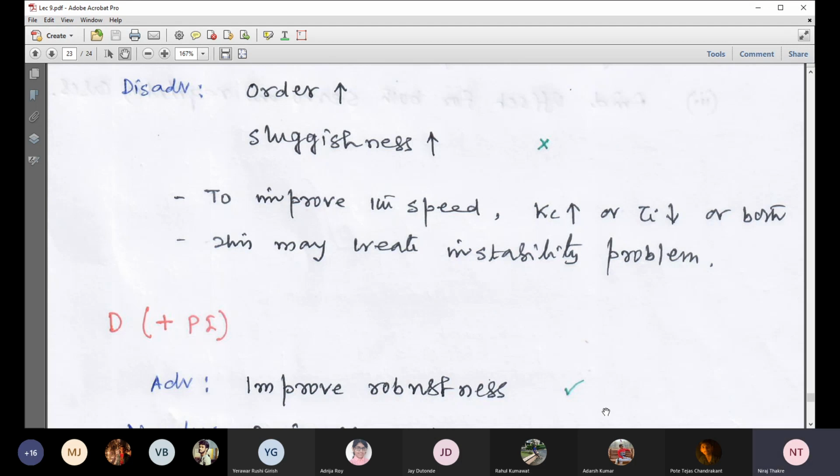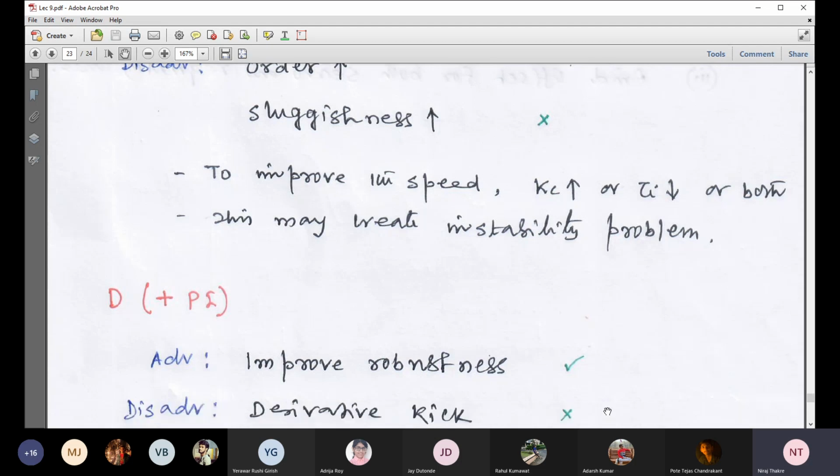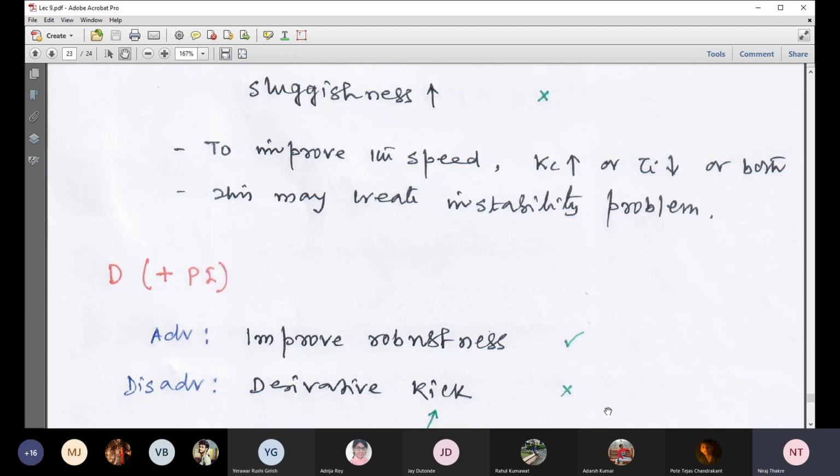So just now we discussed that derivative action improves robustness. But what is the drawback? Derivative kick. The drawback of derivative action is derivative kick. Any solution, students?